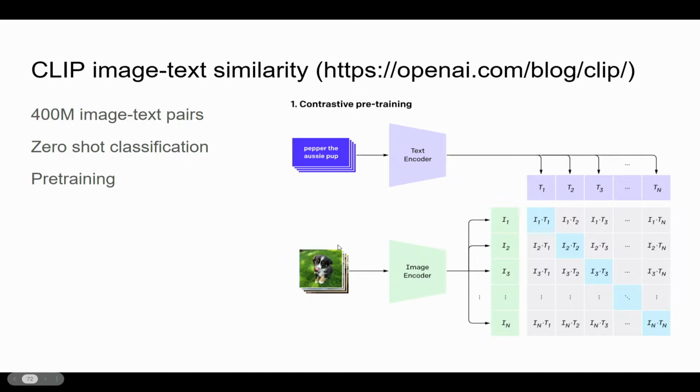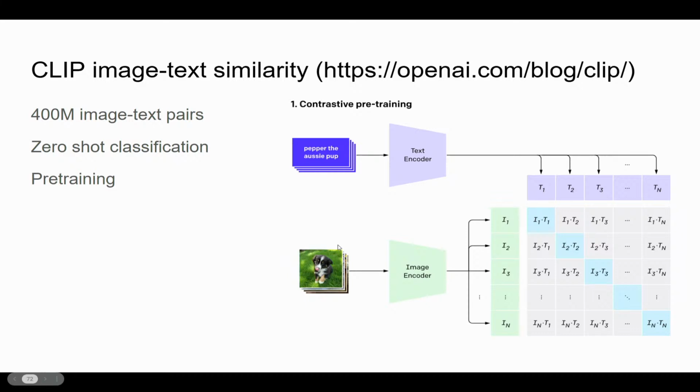If they are normalized and I do the dot product, I should get ideally 1. And of course, if I multiply I3 with T2, they should be different. That's some random image with random text. They probably shouldn't have anything in common. I have billions of images, so they don't belong together, and this dot product should be small.